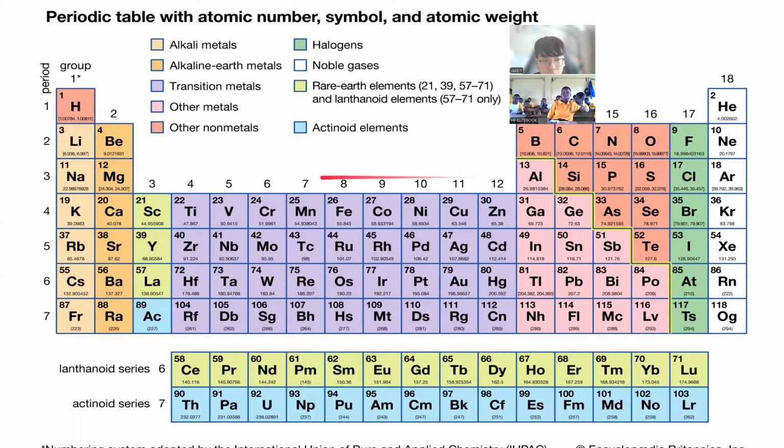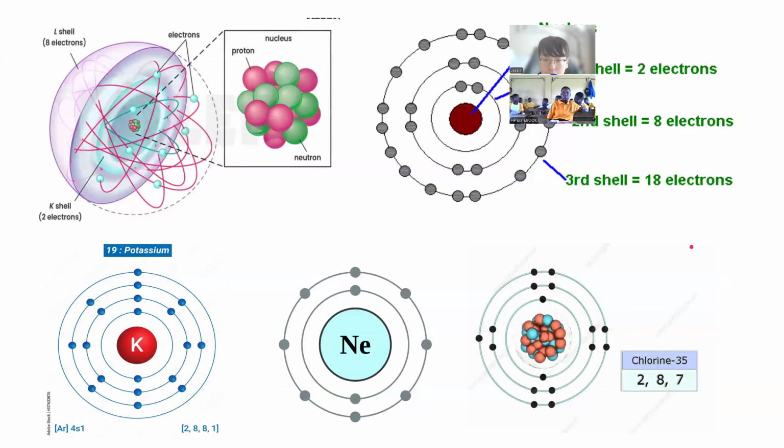And the third shell also has eight atoms, so it will have eight electrons in the third shell. So 18 just shows the combination, the total number, if it has all of them filled. So this is just an example to get you familiar with the electron shells.